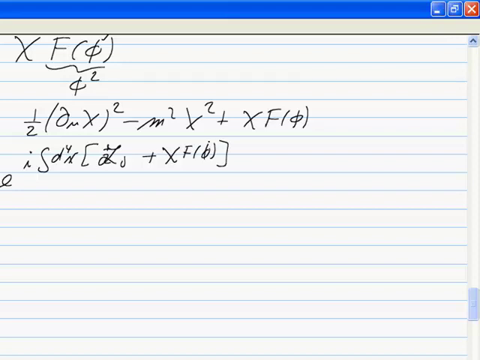But that's just our Gaussian integral. Where we had j before, it now goes to f of phi.